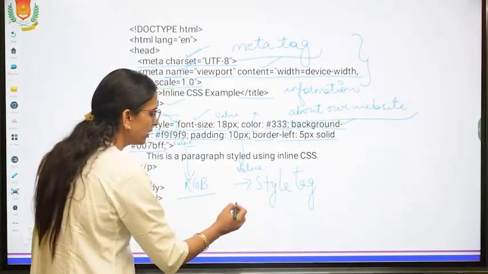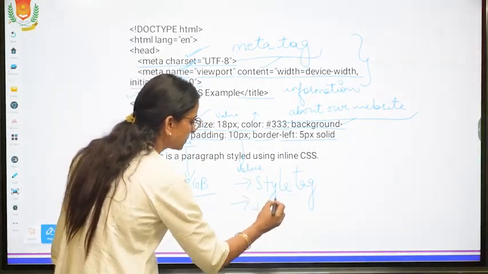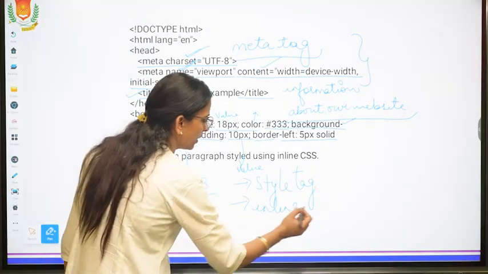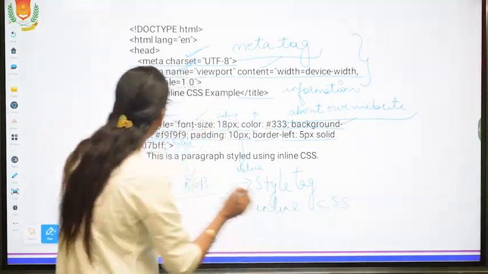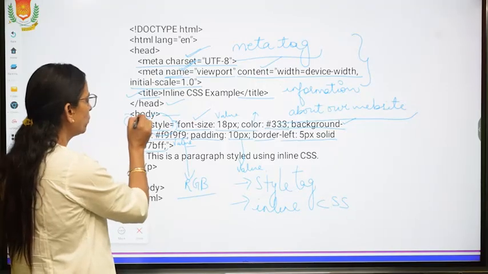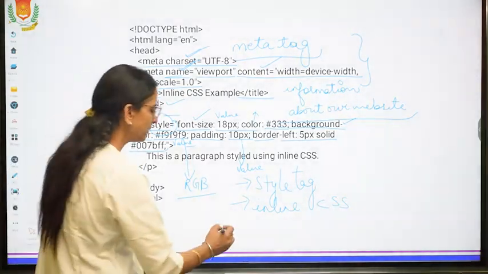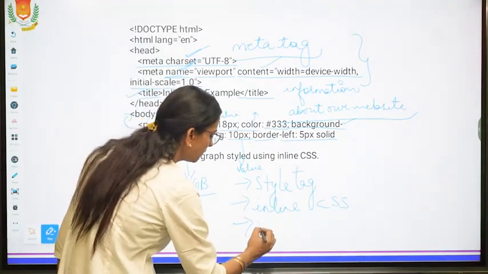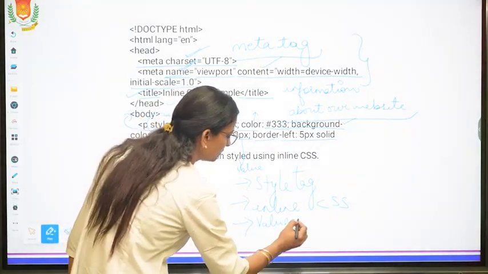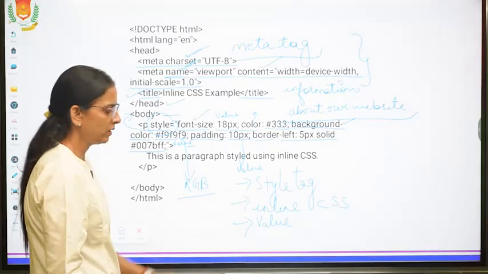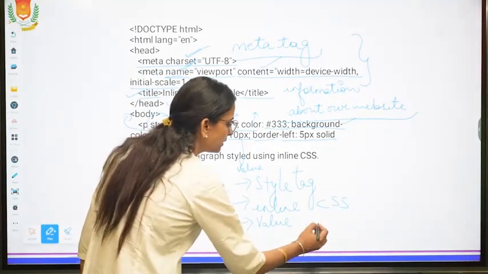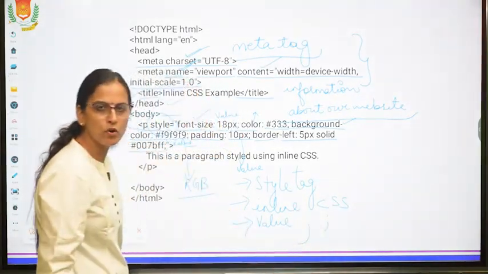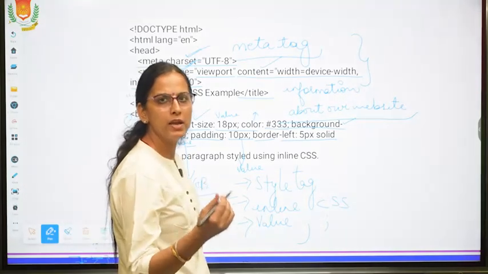First thing, this is the inline CSS because we have defined it within the body tag. Then we have all the values with the help of colon, separated by semicolon to start with another attribute.